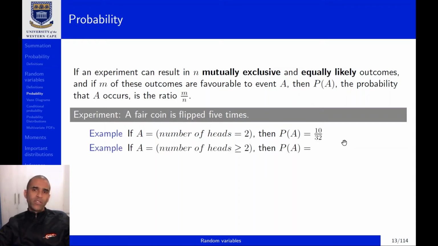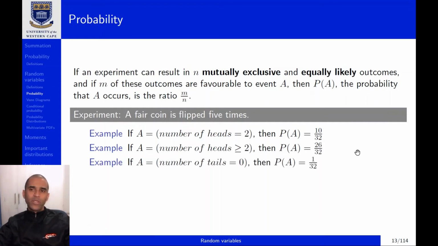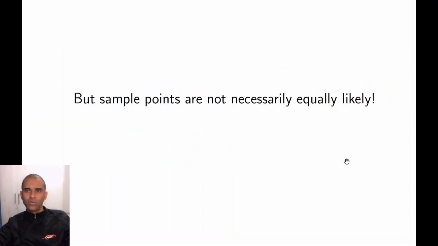So the probability of observing 2 heads in 5 flips equals 10 over 32. And we can repeat the application of this definition, this method for calculating probability, to find the solutions to the remaining 2 questions.